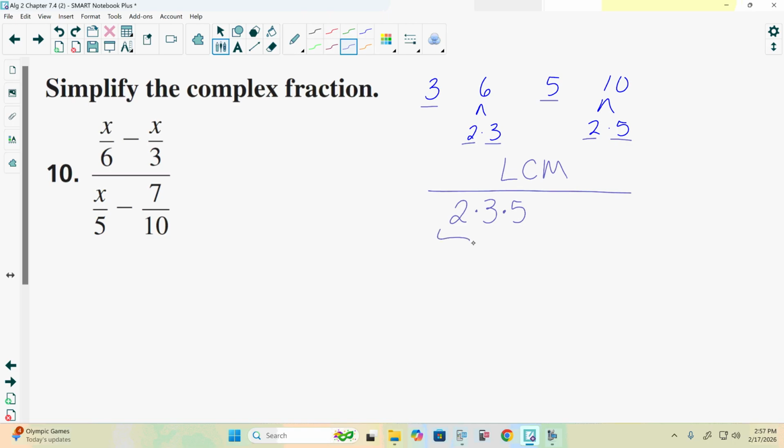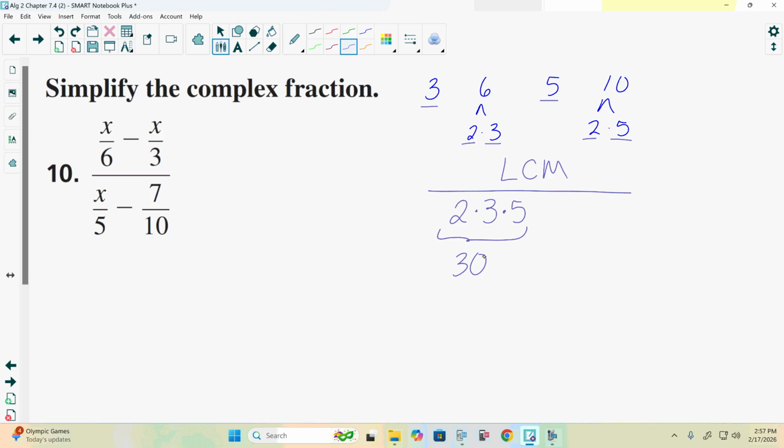Which means we need to multiply them back together to see what the least common denominator or the least common multiple is. We can do 2 times 3 times 5, or 3 times 5 times 2, or what's 2 times 5? Times 3. I mean, we could do 2 times 3 is 6, 6 times 5 is 30.